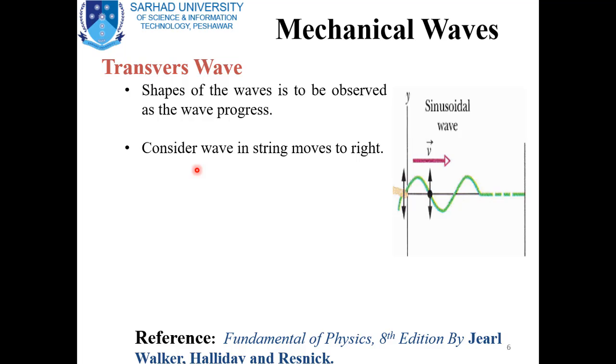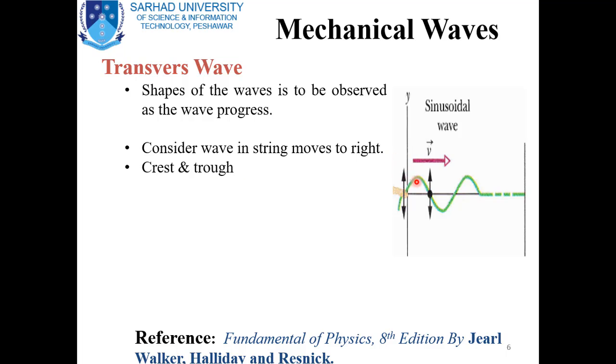We consider a wave in a string that moves from left to right. We fix one end of the string and the disturbance is sent from the other end, and you will see that the crest and trough are formed.